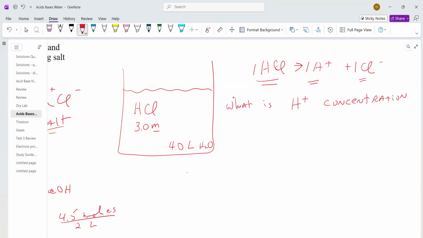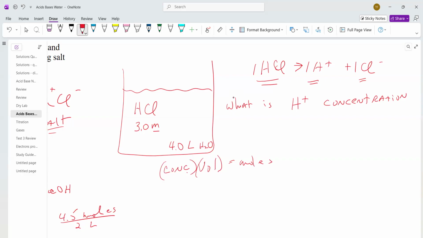Now, the higher the H+ concentration, the stronger the acid will be. Okay, well, we know that moles of HCl equals the moles of H+ and the moles of Cl- from the balanced equation. So if we multiply, remember from yesterday, concentration times volume equals moles. So we've got the concentration, we've got the volume, we can calculate moles of H+.